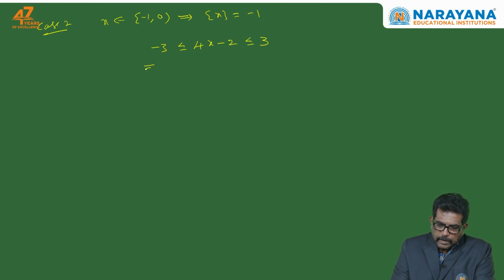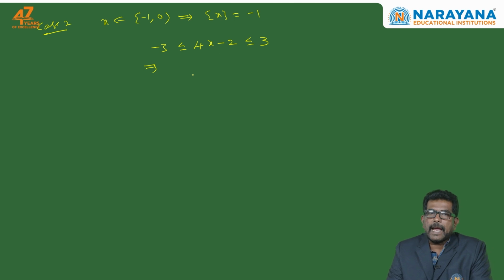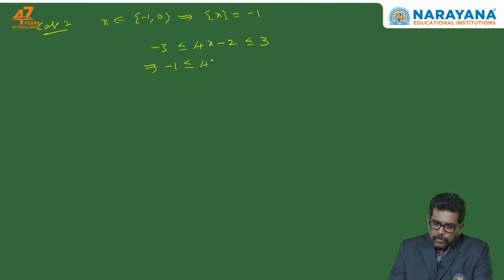Now we are trying to simplify this one. We are adding 2 to the entire inequality. Then minus 1 is less than or equal to 4x is less than or equal to 5. Now dividing by 4, minus 1 by 4 is less than or equal to x is less than or equal to 5 by 4.